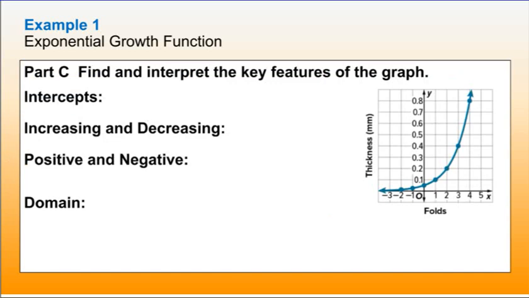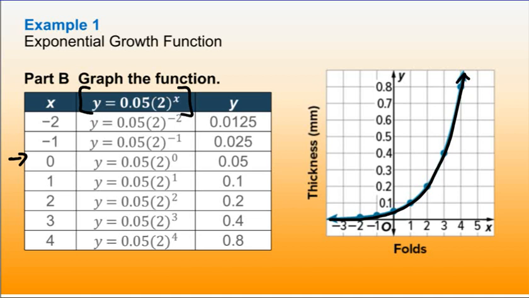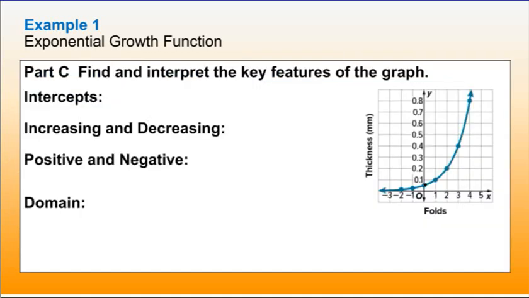These are the key features we're going to look at. So the intercepts, it only has one intercept, which is the y, and our y is right here. So if I go back to my table, the y-intercept would be 0.05. To be specific, let me put it as (0, 0.05).